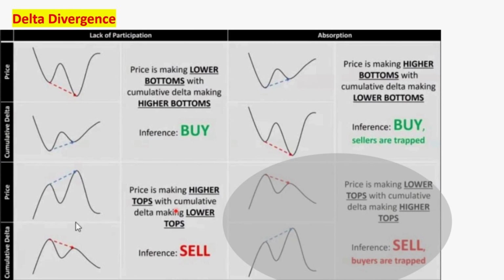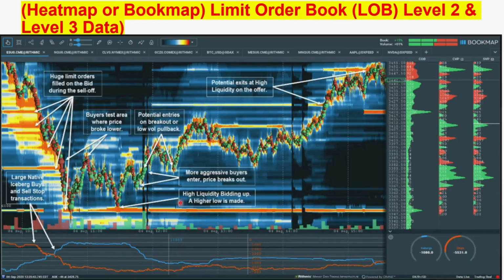In the slide about the limit order book, it's a bit more complex, and high frequency traders use level 2 and level 3 data, often visualized in heat maps and bookmaps, which is shown here. This level of detail is typically used by large institutions, and as retail traders, we don't always have access to that level of data.